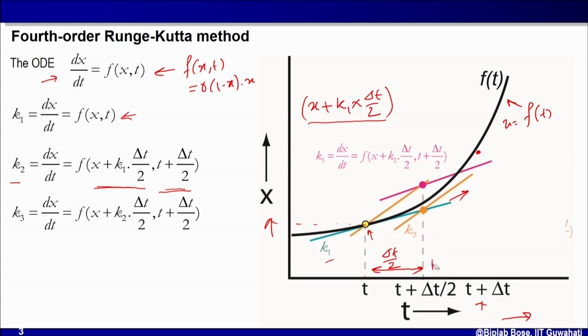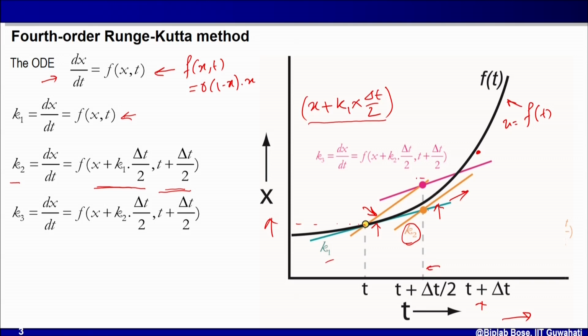I will clean this part so that things become clear for you. So I am taking this orange line slope k2 and drawing an orange line at the original position of x at this yellow point. So I get this new orange line, and I extend that new orange line till it intersects the vertical line drawn at t plus delta t by 2, that is this vertical line.